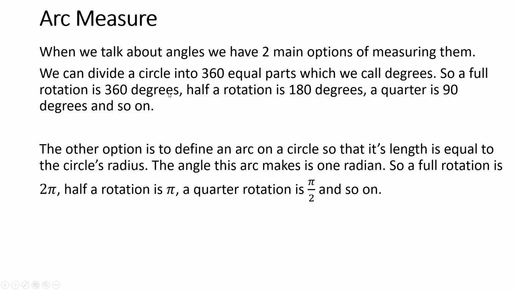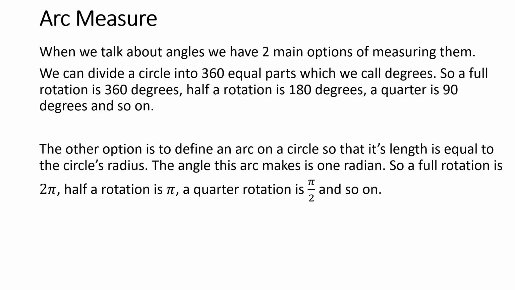So when we're talking about angles, any angle, we have 2 main options of measuring them. We can divide the circle into 360 equal parts, which we call degrees. So a full rotation is 360 degrees, half a rotation is 180 degrees, a quarter is 90 degrees. I'm sure you're familiar with this method. And the other option is to define an arc on a circle whose length is equal to the circle's radius.